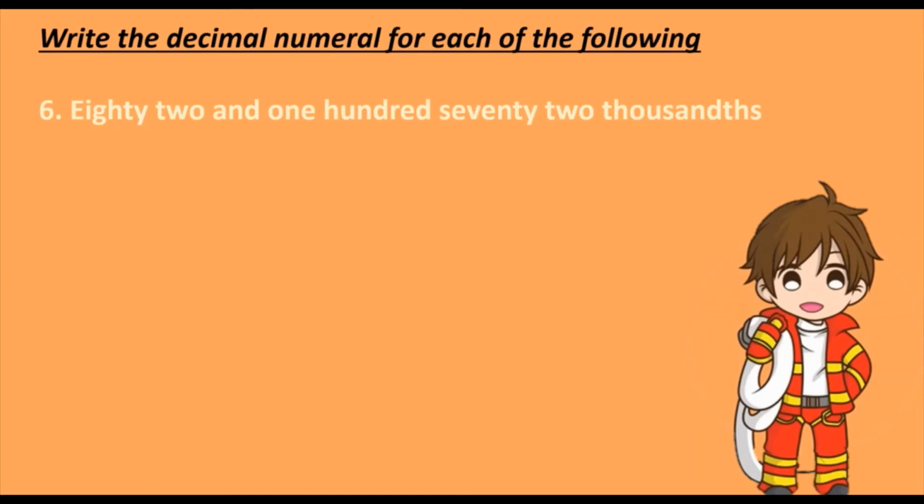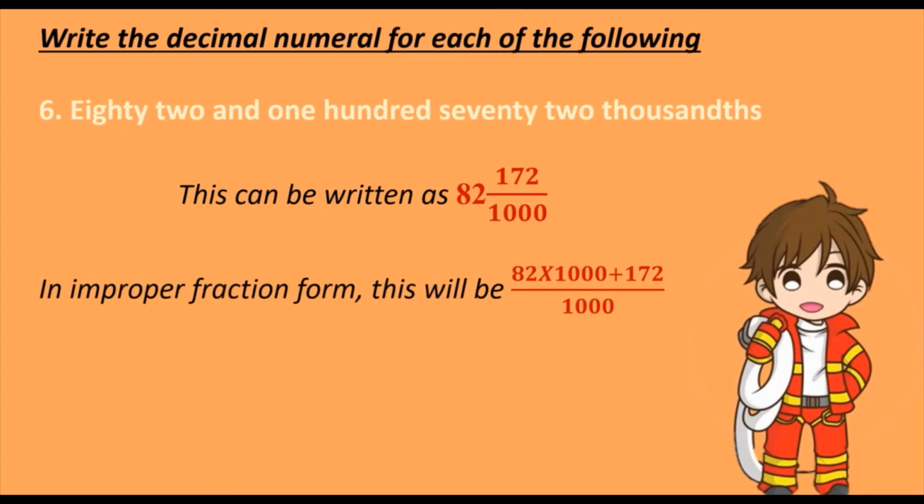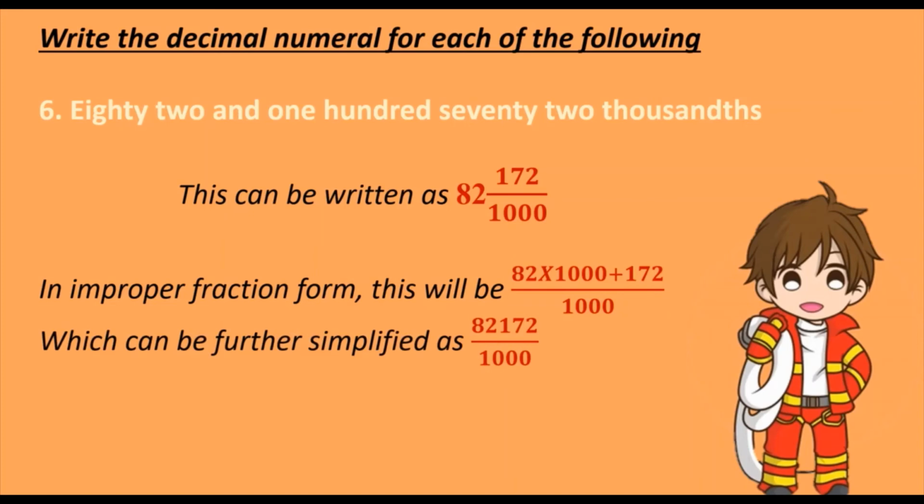The next one is 82 and 172 thousandths. So here 82 is the whole number and 172 by 1000 is the fractional number. Now, first we convert the mixed fraction into improper fraction. For that, we multiply 82 by 1000 and add 172 and write it as 82,172 with denominator as 1000.